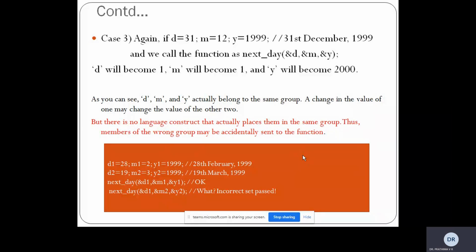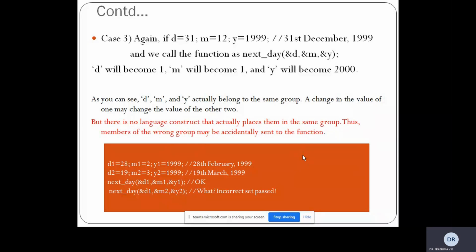Now, in the same way, I am trying to make a call by modifying the second argument as m2. So here I make a call with d1, the variable m2 and the variable y2. Here in this declaration, it's an incorrect set which is passed, because we have understood from the previous statements that a change in the value of one may change the value of the other two.